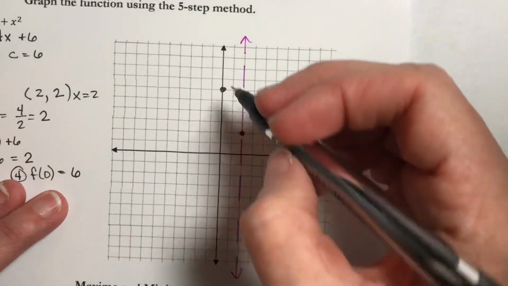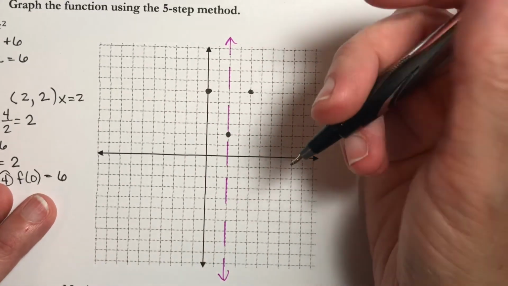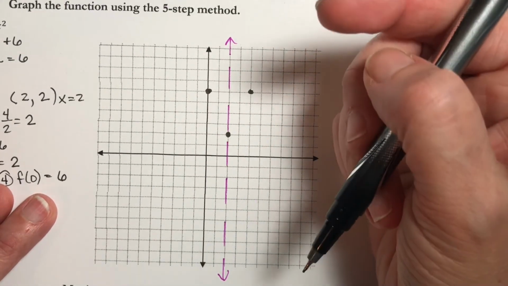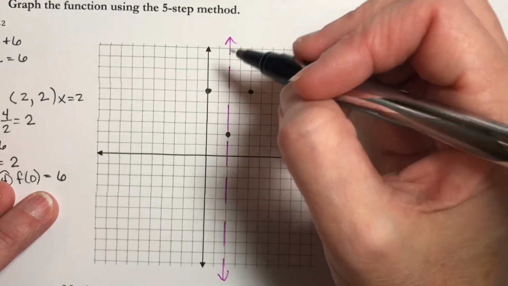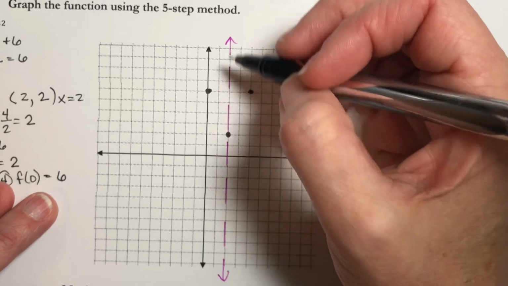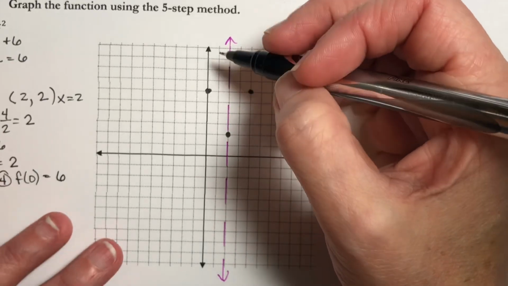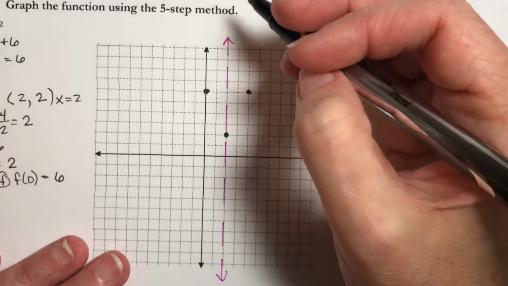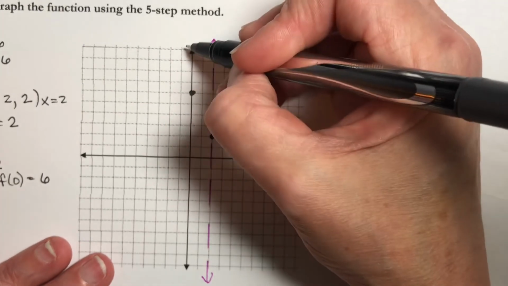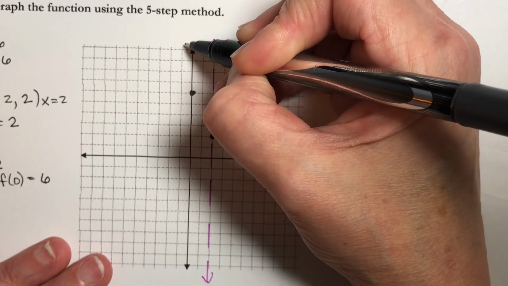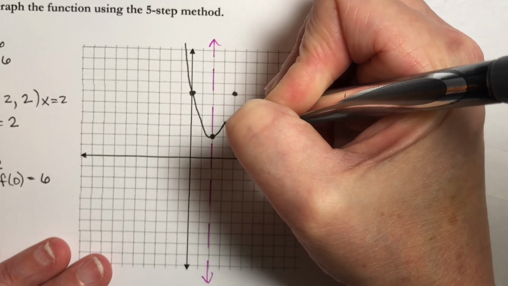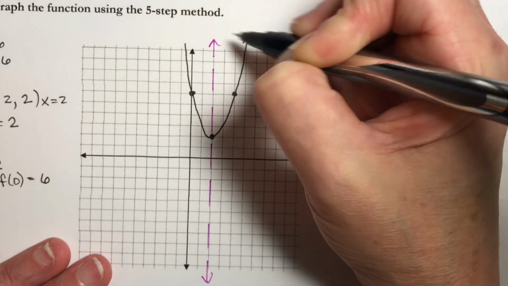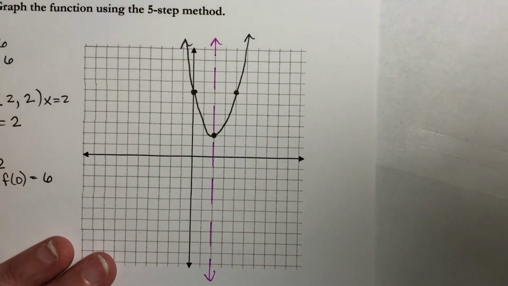But if you know the basic shape of your graph, and I know you're eventually going to be using graphing calculators, you will mainly use this as a way of checking that your graph makes some sense. So let's connect these with a smooth line. You have your graph, and that is your answer.